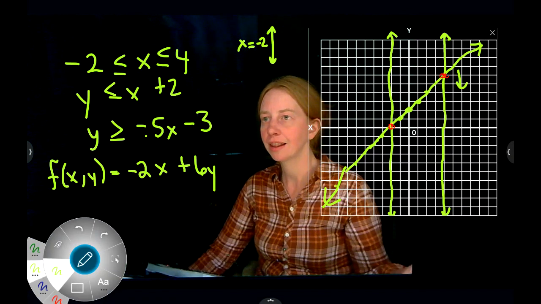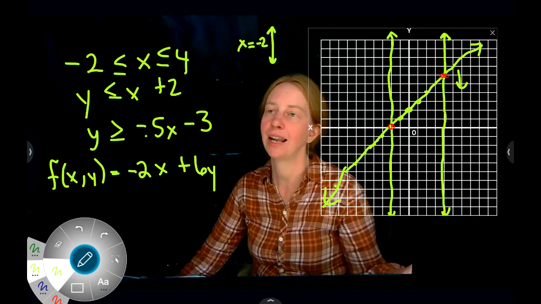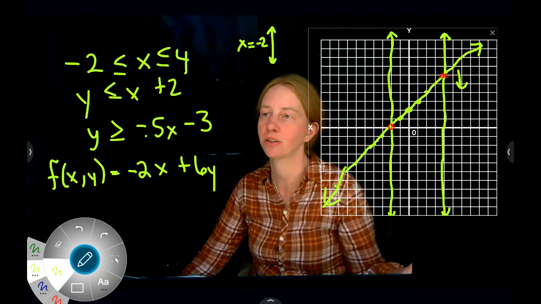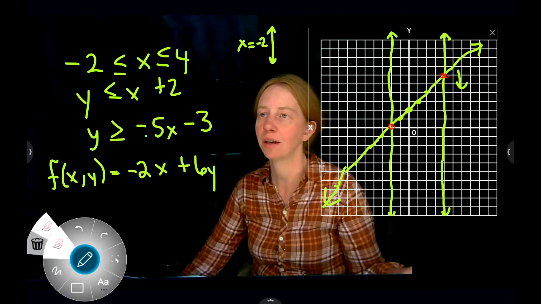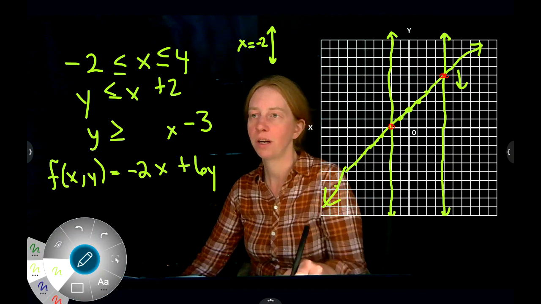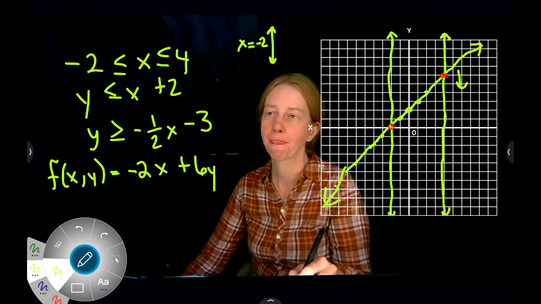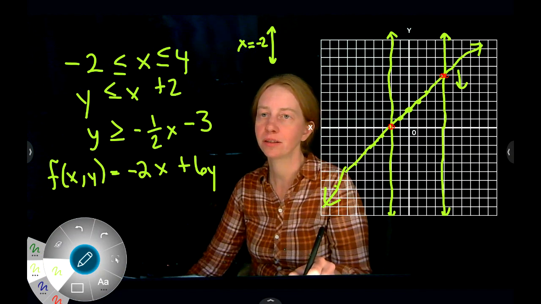Okay, and then our last line, y ≥ -1/2 x - 3. I don't like how they wrote -1/2. We're going to write it so that we know what it means when we're looking at slope. So we have a y-intercept of -3, that's right down here.